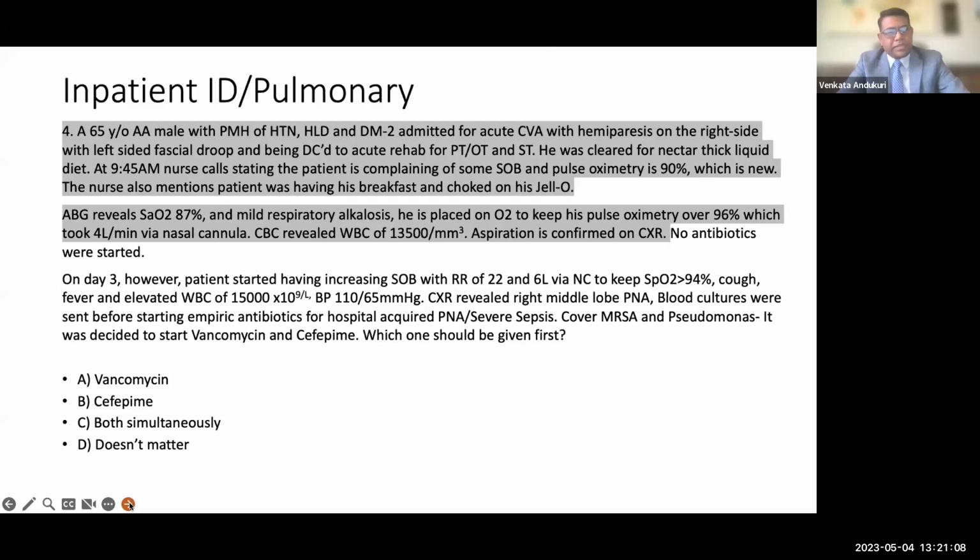Blood cultures were sent before starting empiric antibiotics for hospital-acquired pneumonia and severe sepsis. Coverage for MRSA and Pseudomonas was decided upon. So the decision was made to start vancomycin and cefepime. Which one should be given first? Vancomycin, cefepime, both simultaneously, or doesn't matter?